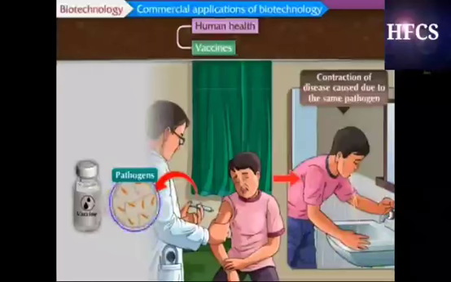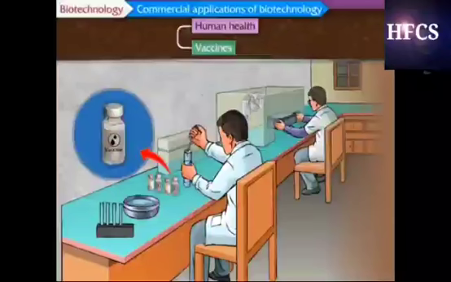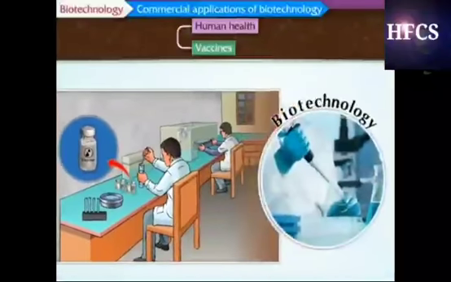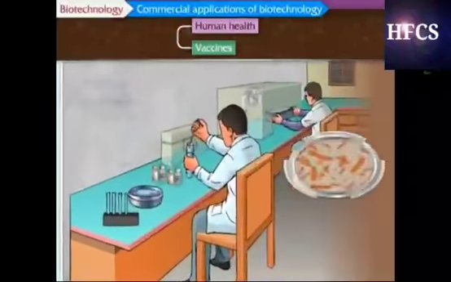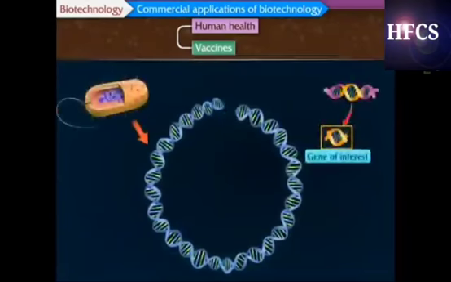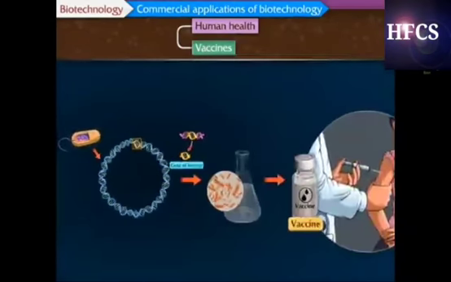Hence, as an alternative, scientists tried to artificially produce vaccines with the help of biotechnology. For this purpose, scientists produced the antigen in the laboratory with the help of a gene isolated from the pathogen and used it as vaccine. Thus, safe vaccines are being produced.